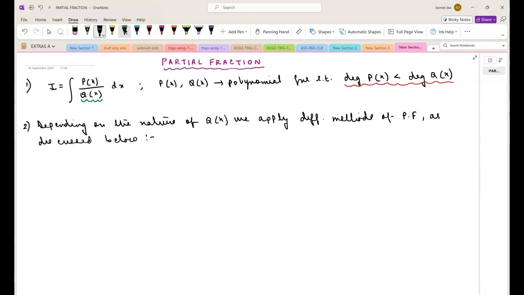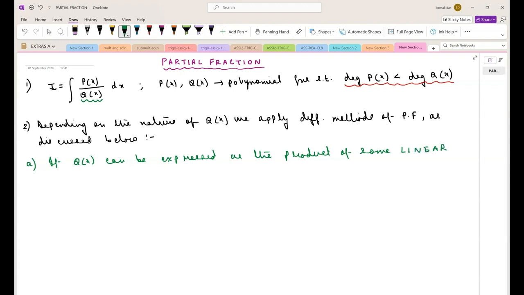Okay. So now let us see what are the various types. In the first type, if the denominator polynomial qx can be expressed as the product of some linear distinct factors.